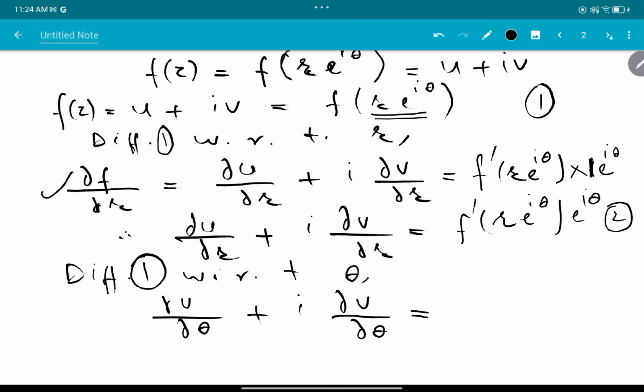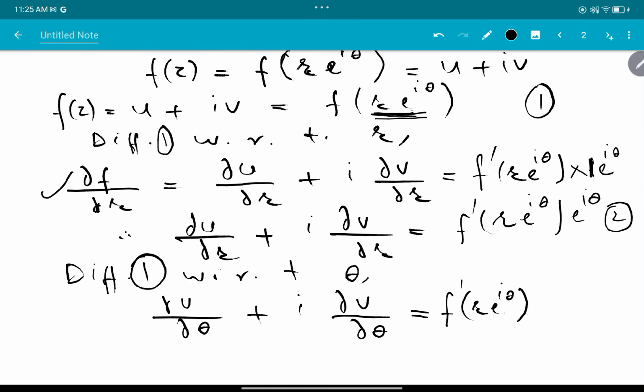Now we have to differentiate this time with respect to theta. So first let me differentiate the function as a whole, f dash of r e raised to i theta.